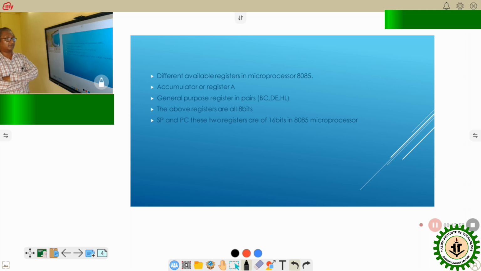But if I want to find that register, we should use a 16-bit address. That 16-bit address is stored in the stack pointer and program counter registers. So there are two 16-bit registers in 8085.